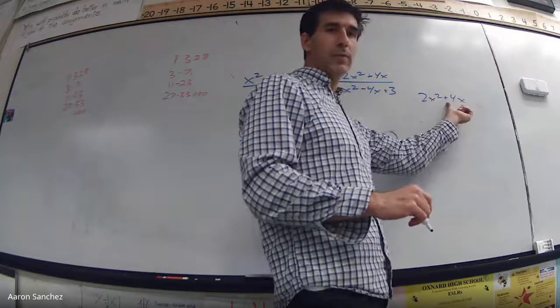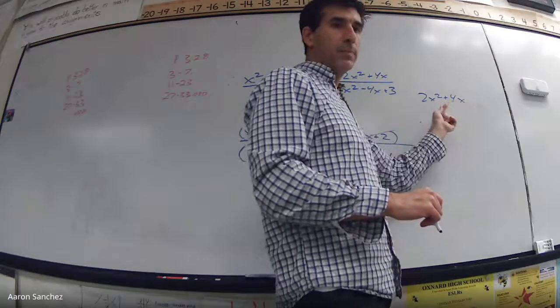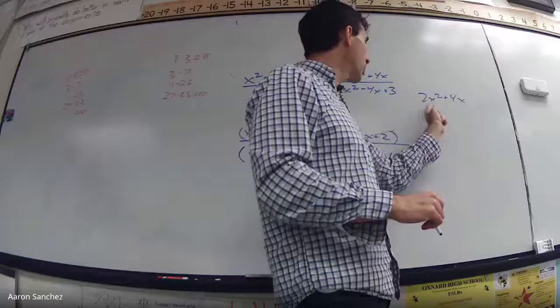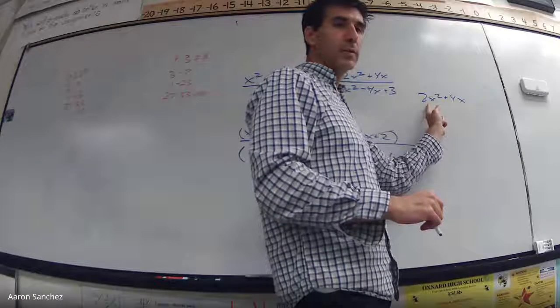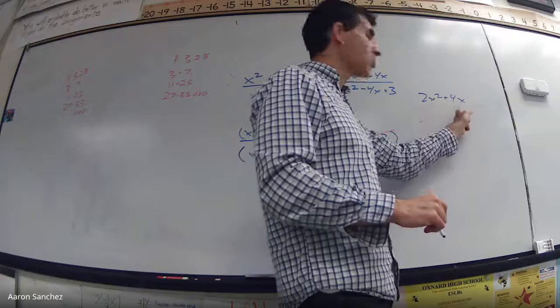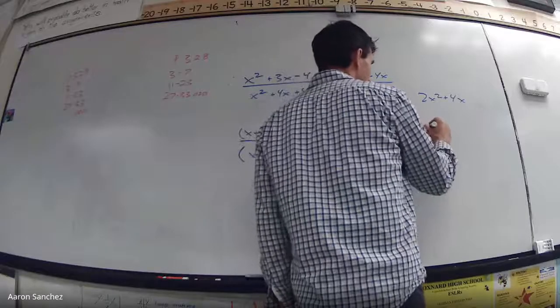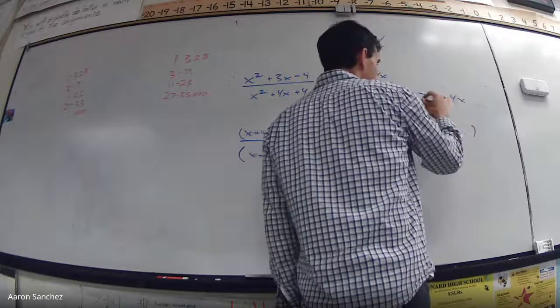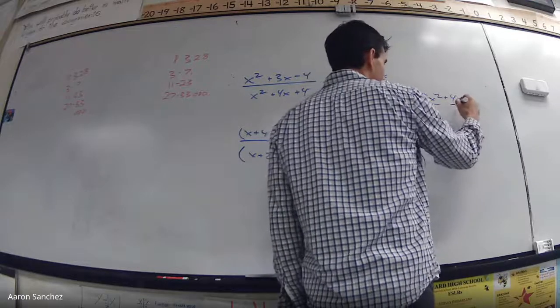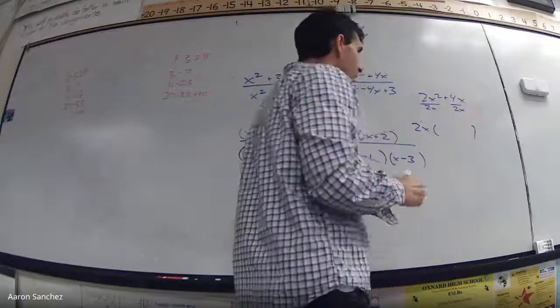You see they're both divisible by 2, right? Mm-hmm. And they have at least one x. So I can take out a 2 and an x. Now think of it as dividing both of them by 2x.